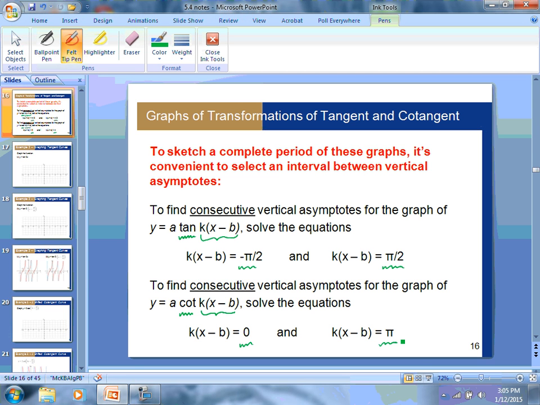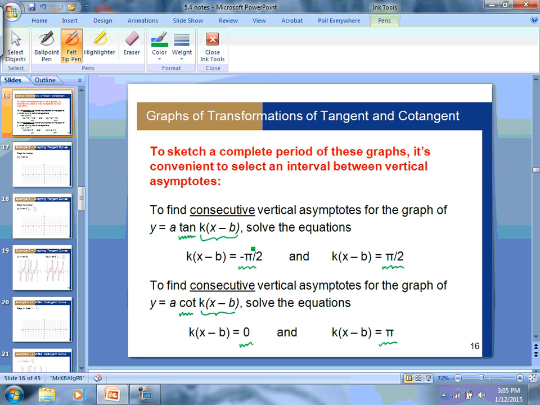Okay? So knowing where the denominator is 0, knowing where the function is undefined, that determines these values right here. The cotangent function is undefined at 0 and pi, so that's what you set those phase shifty type of expressions to, that k times x minus b.